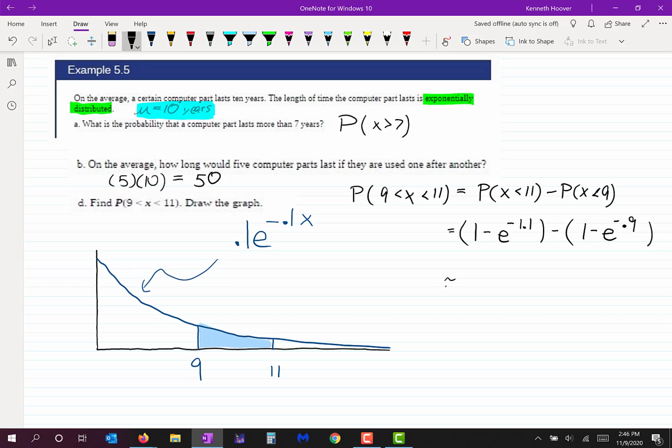Put each of those into a calculator. The first one is about 0.667, and the second one is about 0.593, and so what's that going to equal?